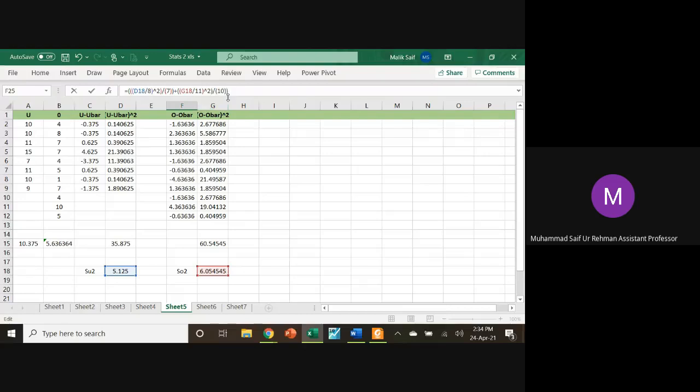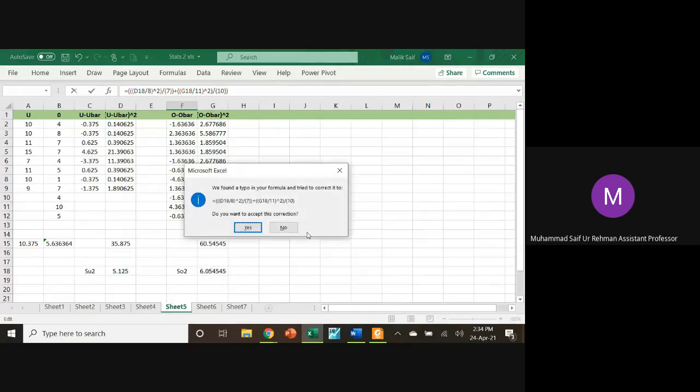Why? Because this brace will be there because you are putting this first brace over here. So for this first brace, this last brace will be there. So let us press enter. Okay.